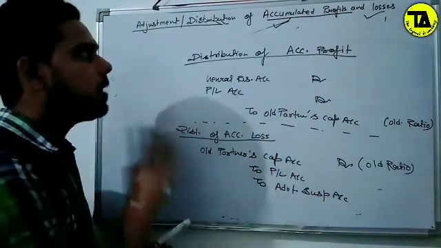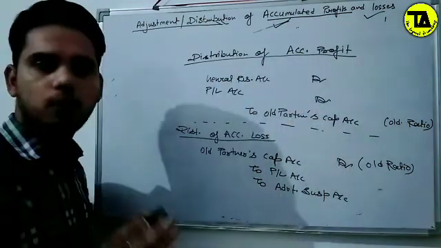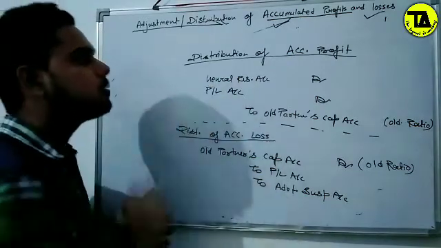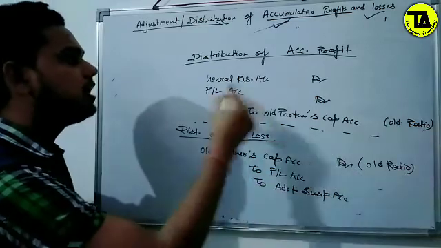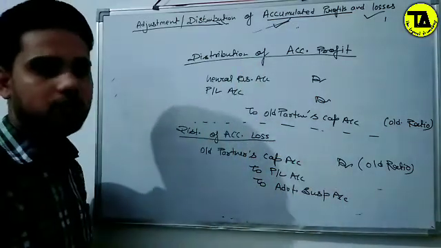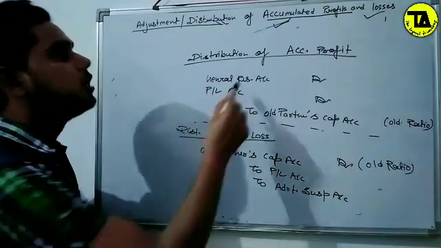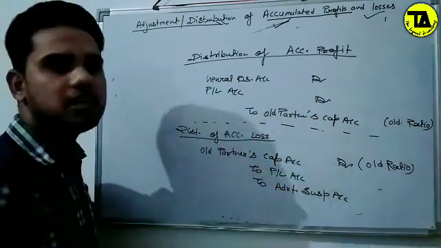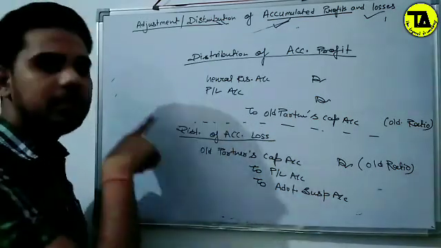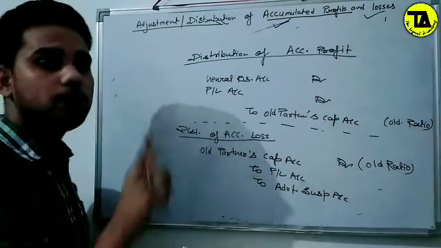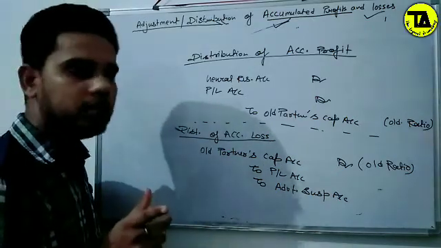So how will we pass the journal entry? It is very simple. Whatever accumulated profit you have, if you have to distribute it, you will credit the partners' capital accounts and debit that accumulated profit account. If you have general reserve as accumulated profit, you will debit general reserve and credit old partners' capital accounts. If you have profit and loss account on the liability side, meaning profit and loss account with a credit balance, that is accumulated profit.